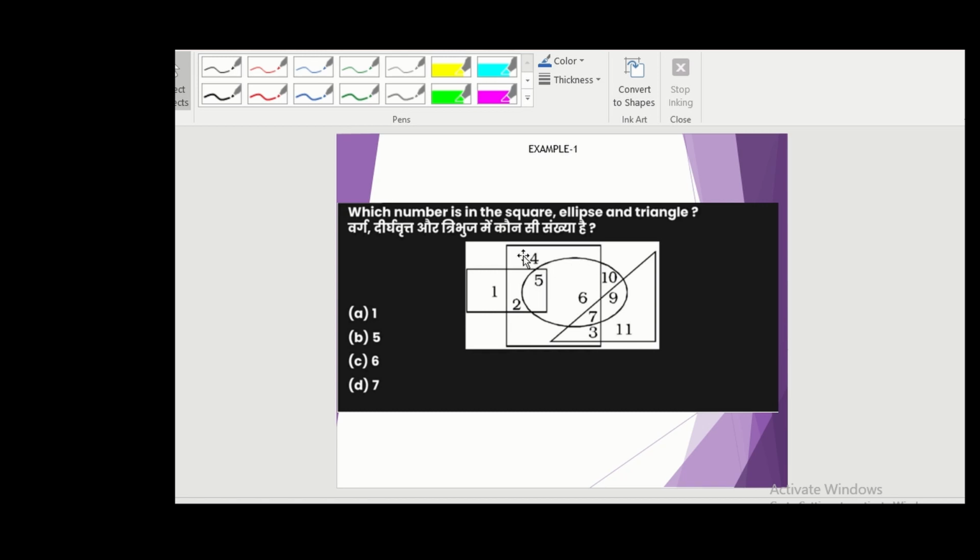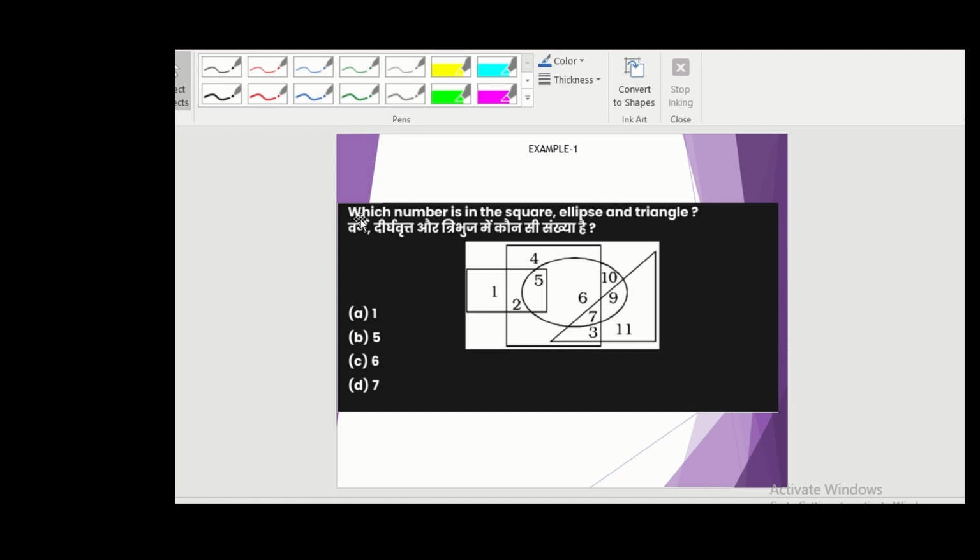You can see the ellipse, square, and triangle. These pieces are actually separate diagrams, and they mix in a way that gives us information or discusses something. When this happens, it is called a Venn diagram. Otherwise, it's just a normal diagram.